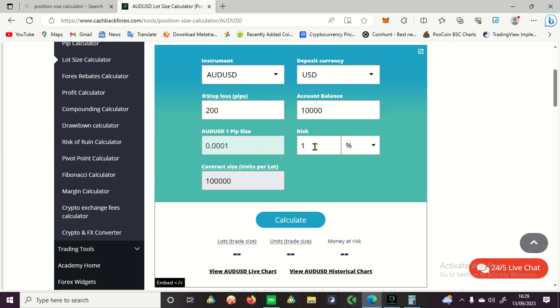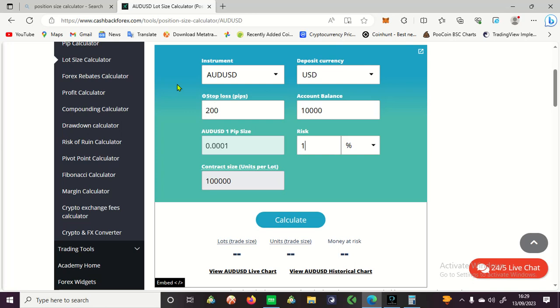This is the instruction. As a conservative trader, you risk 1%. 2% is high risk. I normally risk 1% of my account size.